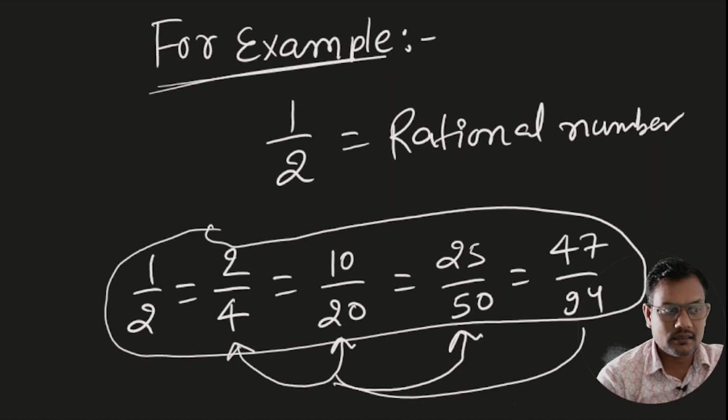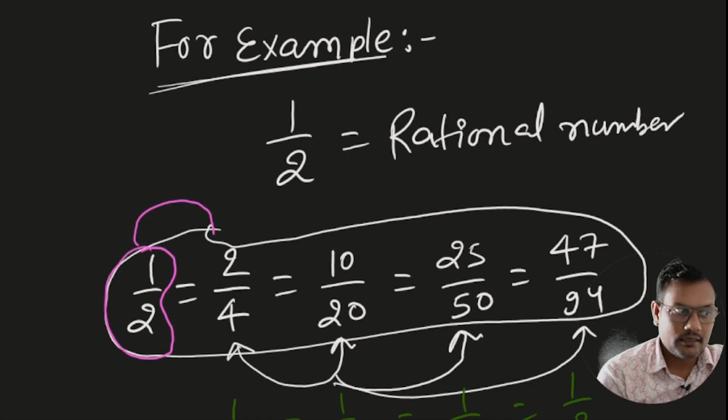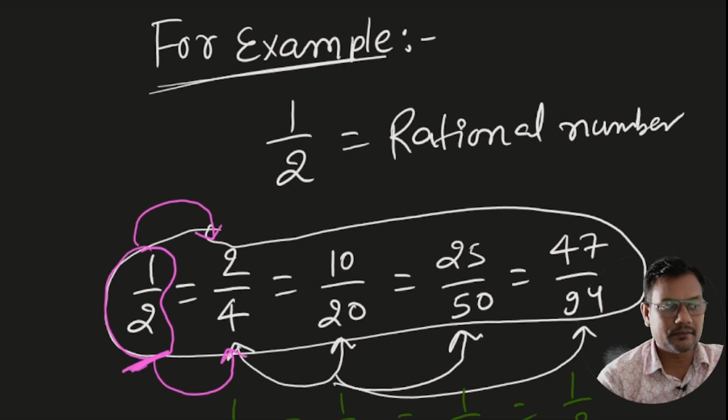See, I have written 1 by 2, and for 1 by 2 I can also write 2 by 4. That means if we want to write 1 by 2, we can also write it as 2 by 4.